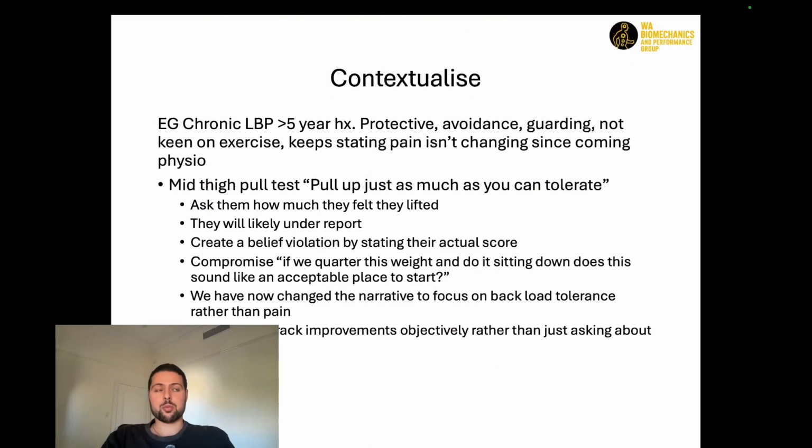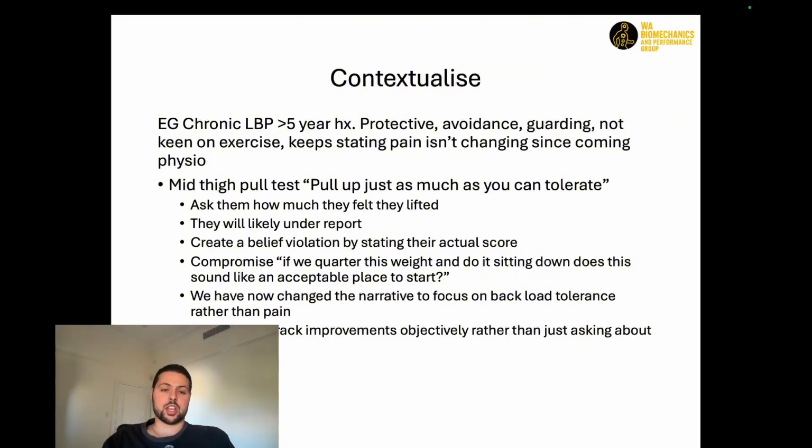Now, this is a good time where you could consider using dynamometry and maybe the mid-thigh pull tests, okay? Because we're trying to change the narrative away from pain to an objective number of force. So I might say, all right, pull up just as much as you can tolerate. The patient's in complete control here and they feel safe because they can do whatever they feel comfortable doing.